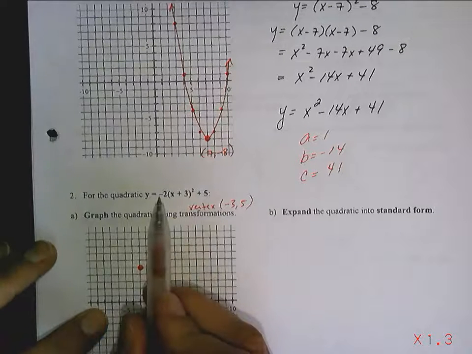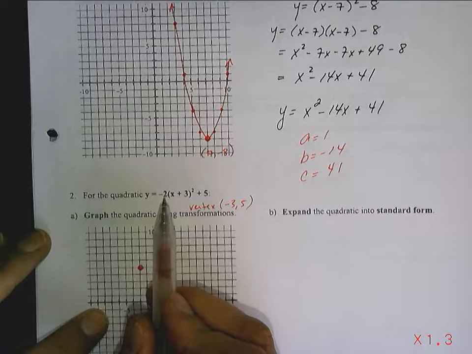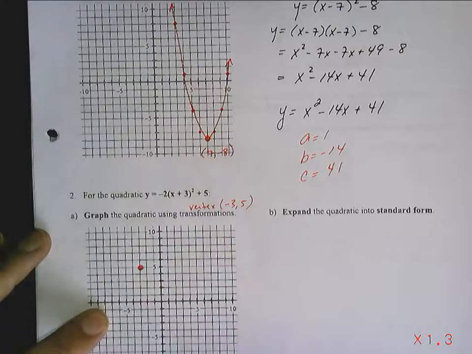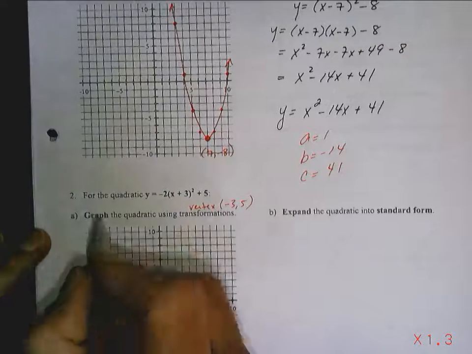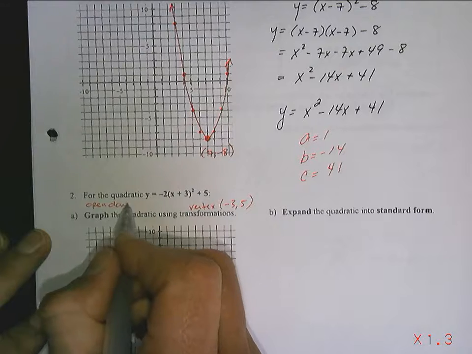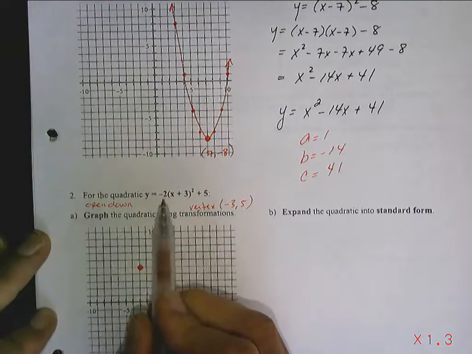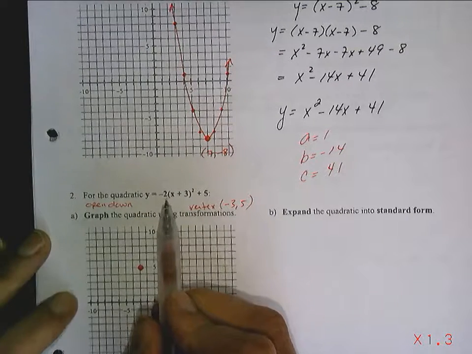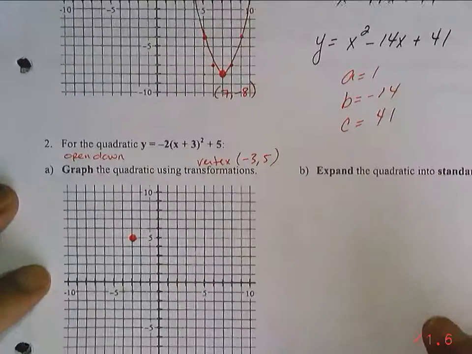We should notice that the a is negative 2, so it's going to open down. You should also know that it's got a vertical stretch to it, so it's going to open down in a stretched format.